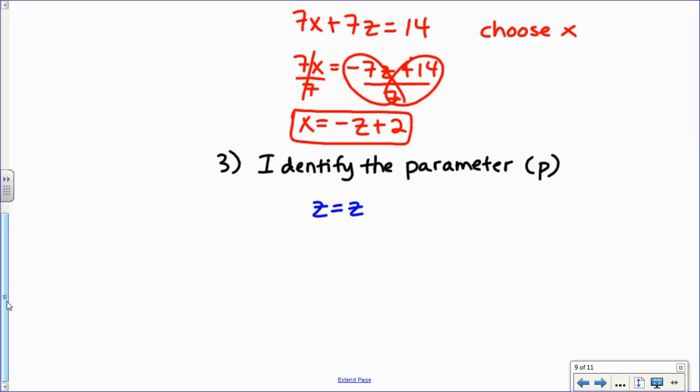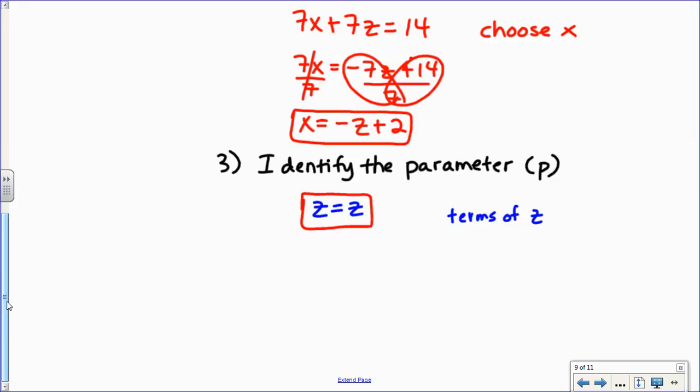Well, the only way to write z in terms of z is just this, z equals z. I will explain this more once we are done and we get to the end. All right, so I have an x equals and a z equals.